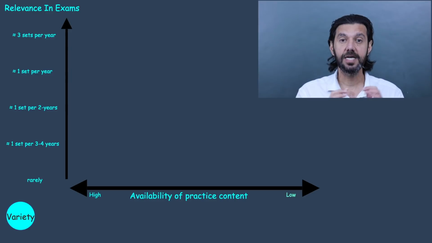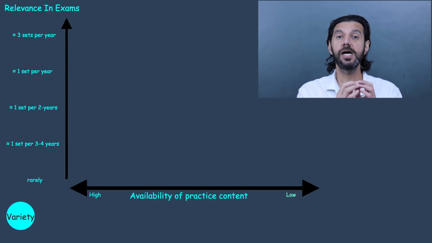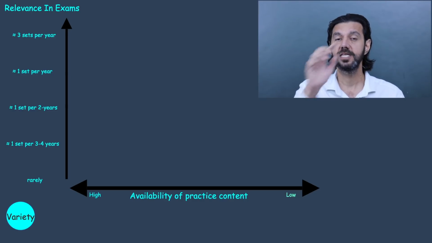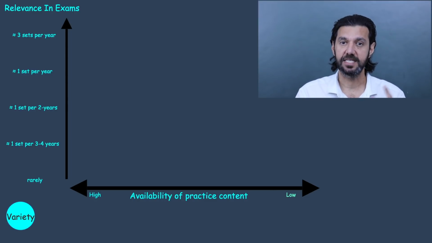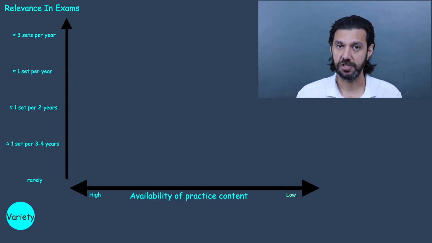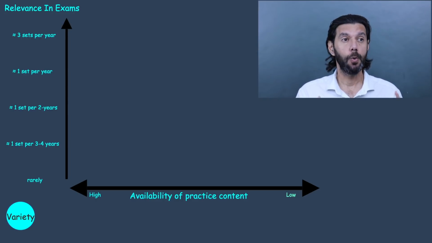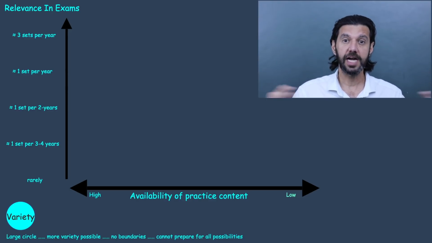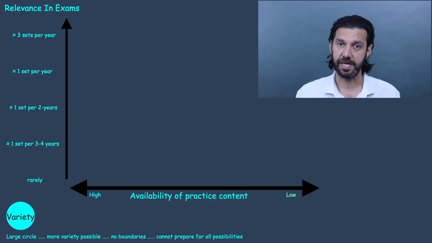Because the third thing is that each topic will be represented by a circle. The size of the circle tells us the degree of variedness possible in the topic. How much of a variety is possible? There are topics where the variety is so huge that there are no boundaries to that topic.